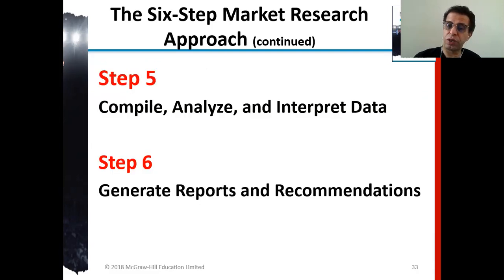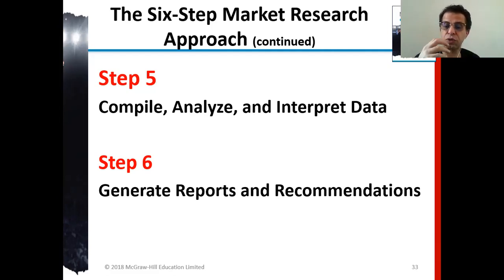Once you're done with the research, and you're aware of the shortcomings of each type of research and avoid them so as not to make those mistakes, you come up with the research. Now you have data, and you start compiling, analyzing and interpreting it. Once interpreted, the data becomes information.